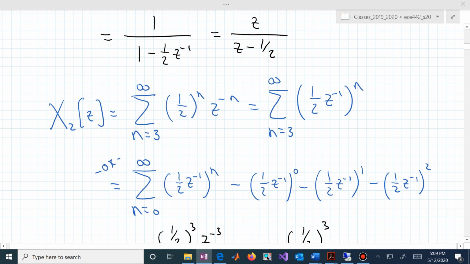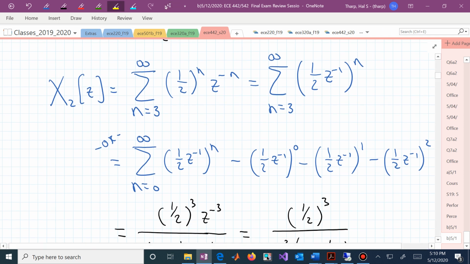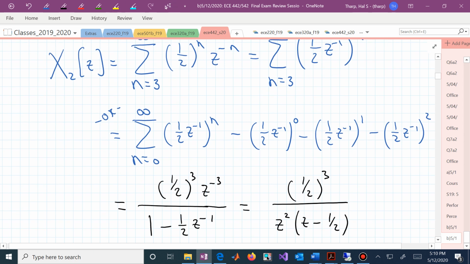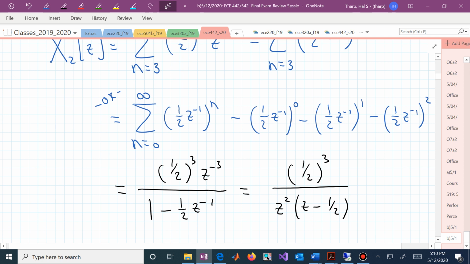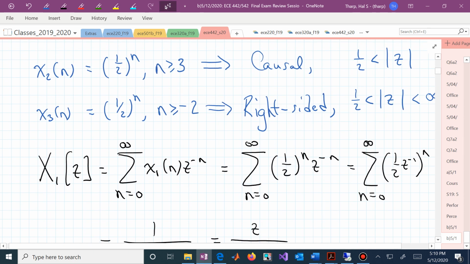I just need to remove some of these values in that sum because I was starting at 3, and because of that I can take those away. You do the algebra either way and you should end up with this expression for x sub 2 of z. I will let you figure out how to treat the z transform.